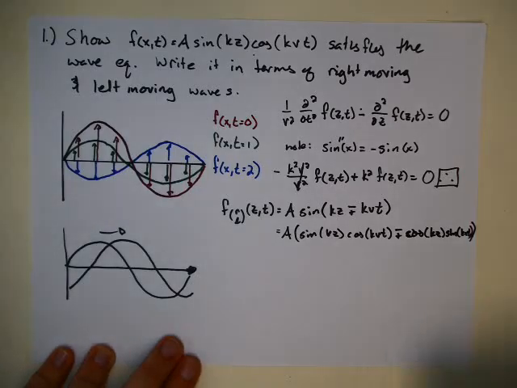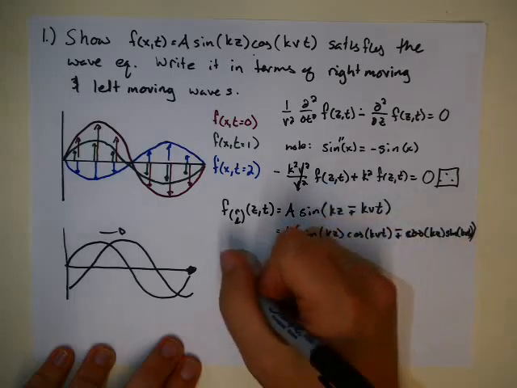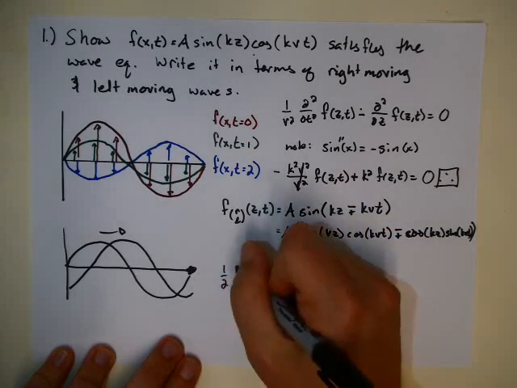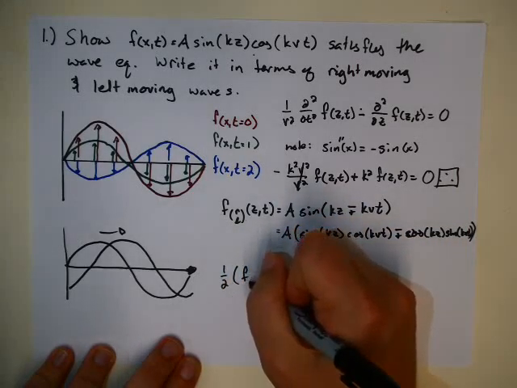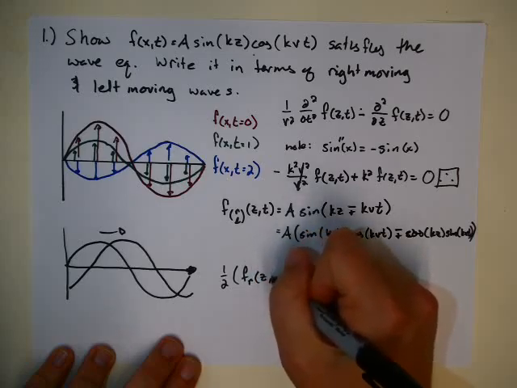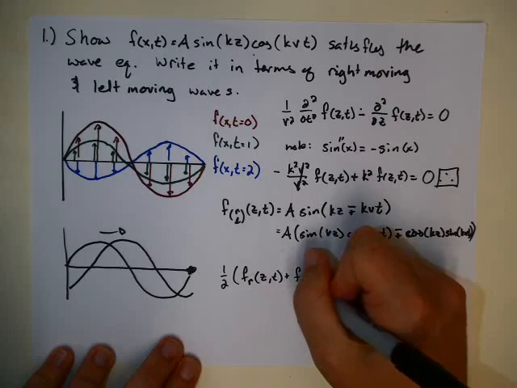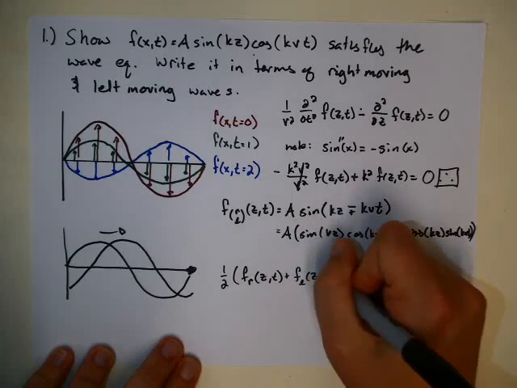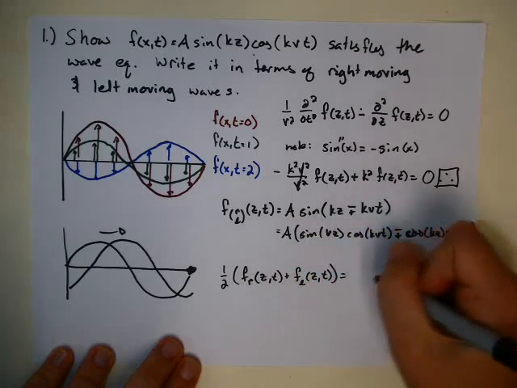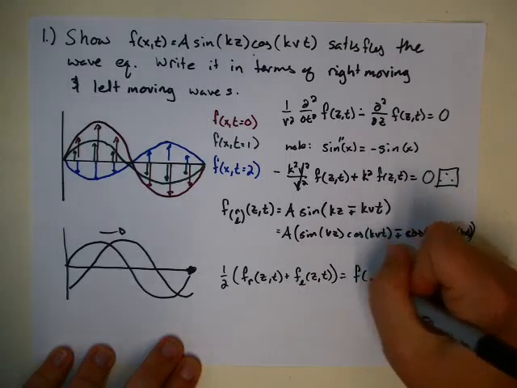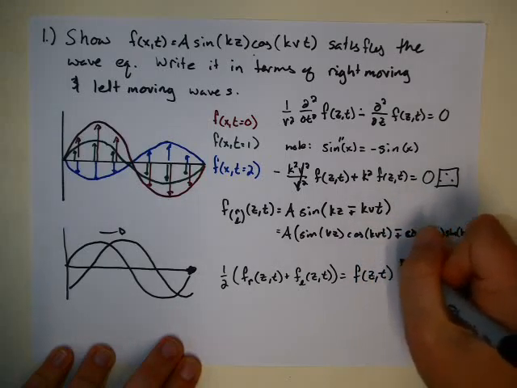And so now I can state through observation that 1/2 of a right moving wave f_R of z and t, plus a left moving wave f_L of z and t, is going to equal our standing wave, f of z and t.